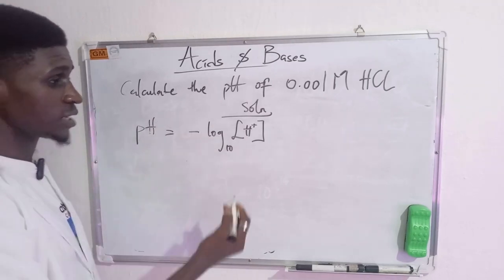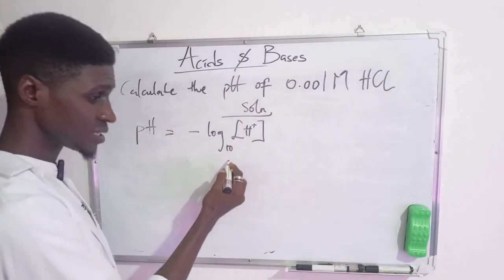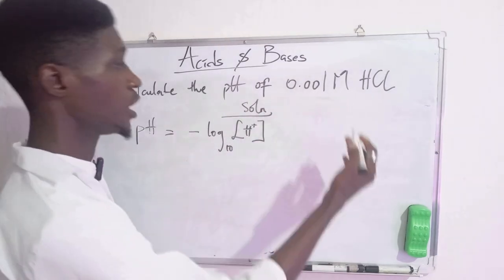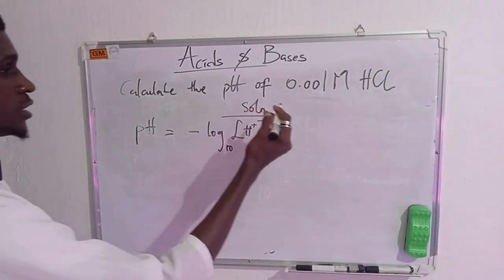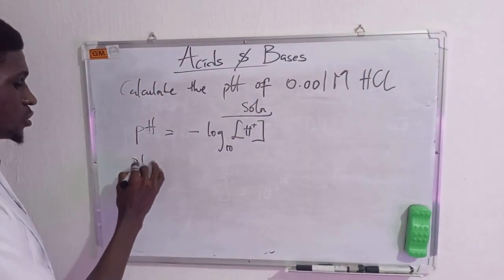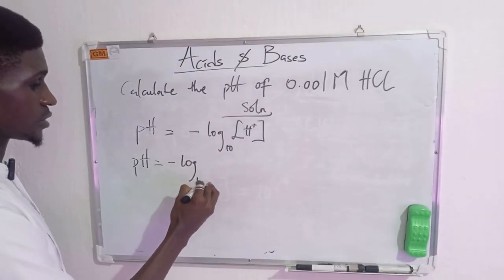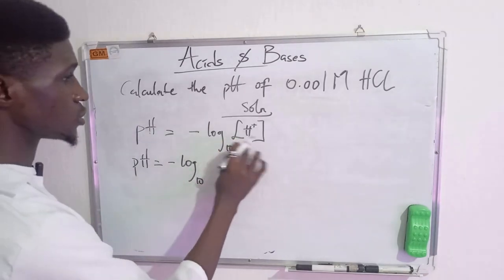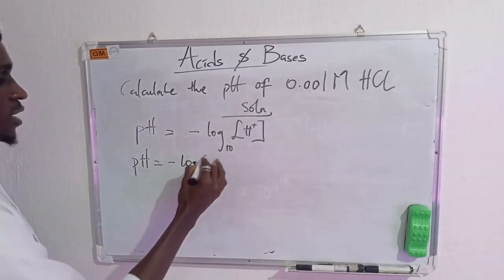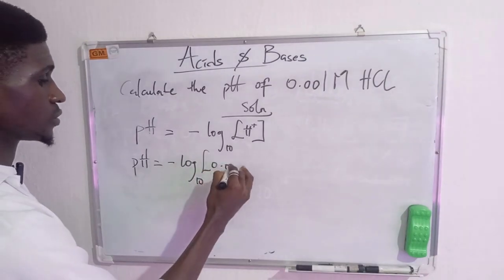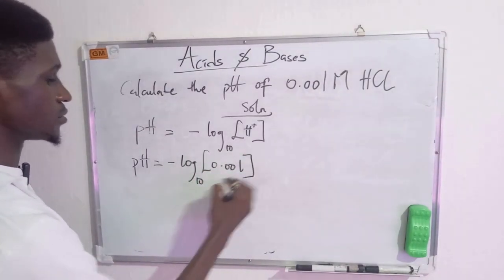So in this case we have pH equal to minus log in base 10 of the hydrogen concentration, which you are given here as 0.001.